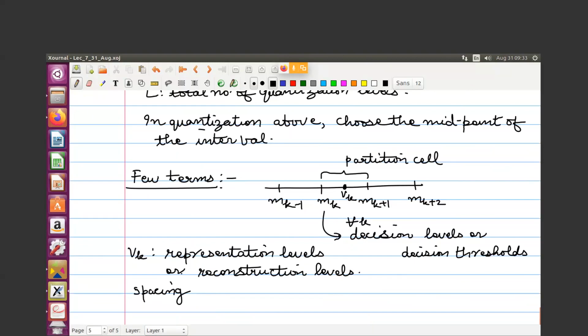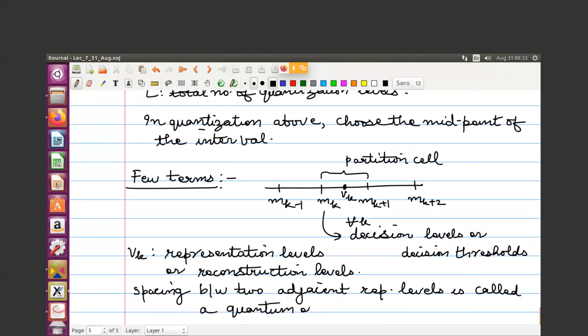The spacing between two adjacent representation levels is called a quantum or step size.